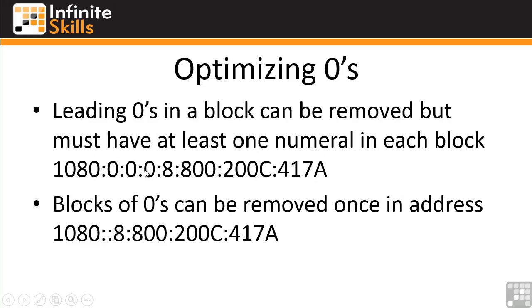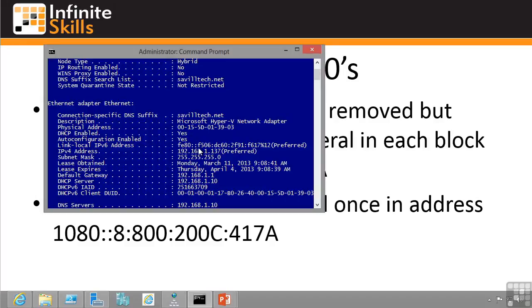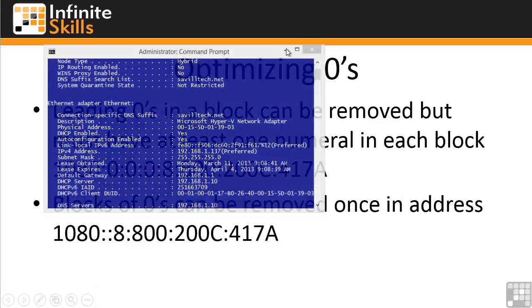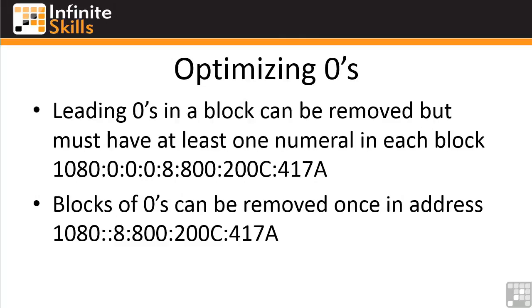Additionally, if I have multiple blocks of zeros, I can replace them once with ::. I can't do it in multiple places, but that represents that everything in between were zeros. You actually saw that in my example here. You'll notice there aren't enough blocks in this address, but you can see I have a ::, and that's saying those blocks are actually all just zeros. This ends the lesson on the IPv6 introduction and address format.